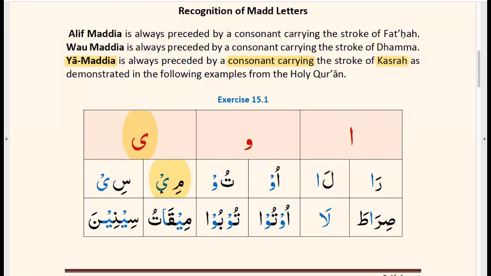You have a mim with a ya with a sukoon on top. You'll pronounce that me. And in this example below, you would have the whole word, which would be miqatu. Miqatu.